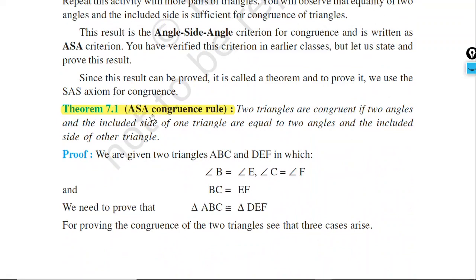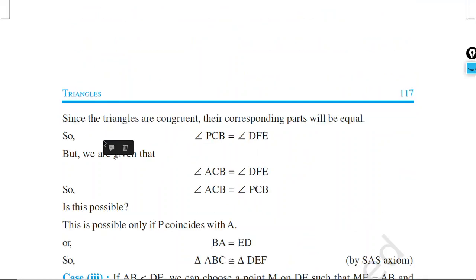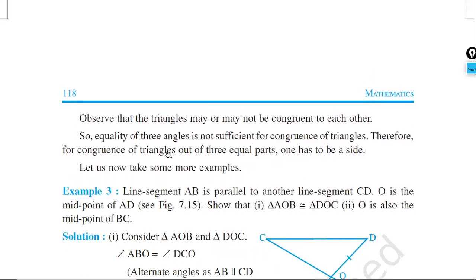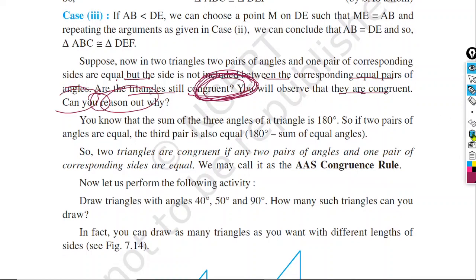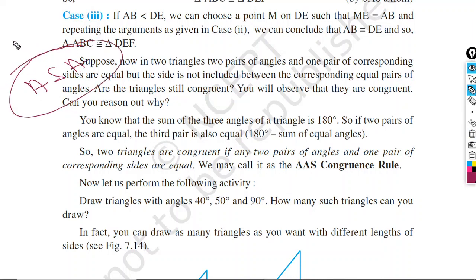So we have proved it, the angle side angle congruency rule. Now we will move to another. So angle side angle we have now proved, and side angle side we have proved.